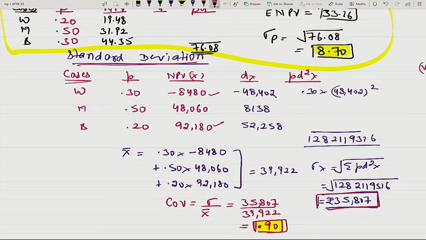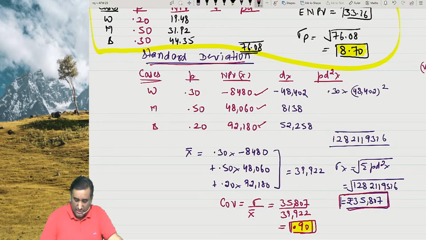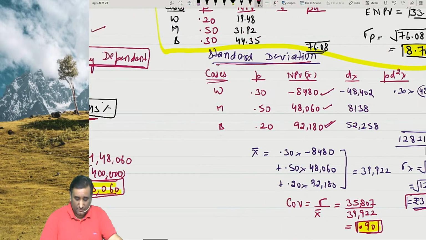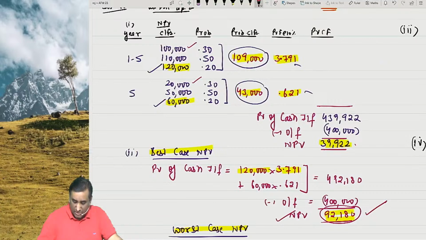And you know what your X bar is coming as? 922. This should be same as, actually what have you done? You've calculated 3 expected NPVs, 8480, this, and then multiply by probability. This should be same as the first part answer. Whether you calculate the expected NPV using this route, or you calculate 3 NPVs and then multiply with the probability, mathematically they will become same.